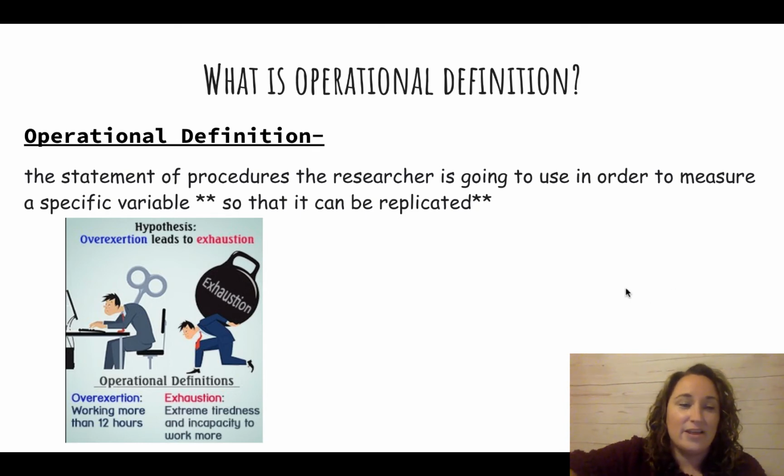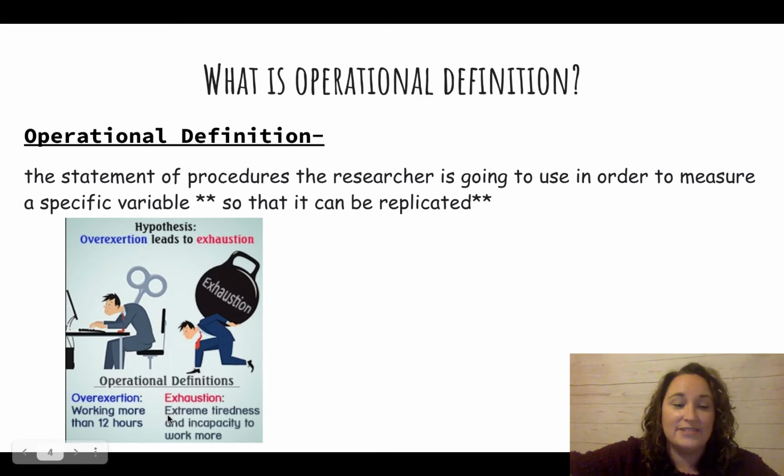If we say that overexertion leads to exhaustion, we need to define, in our experiment, overexertion was having to work more than 12 hours. Okay, so if you want to replicate our study, it can't be an 8-hour workday. It has to be a more than 12-hour workday. And then, well, at what point do you say the person is feeling exhaustion?